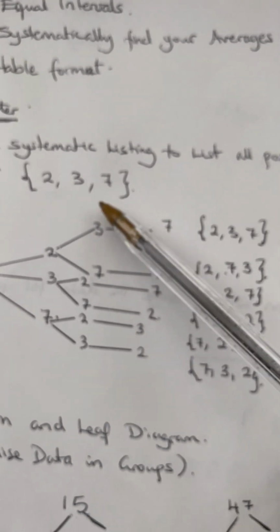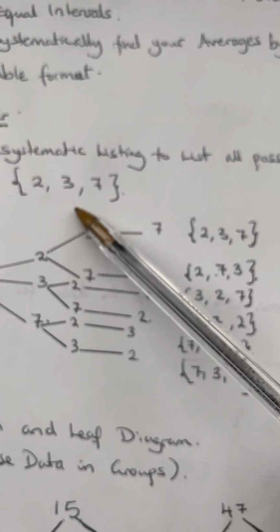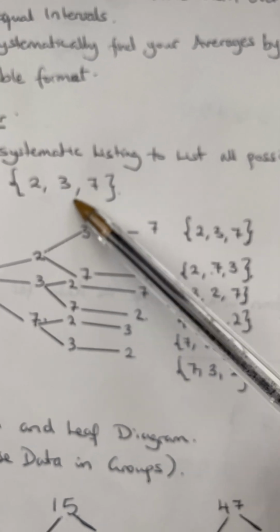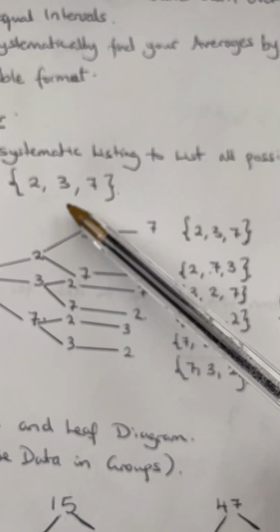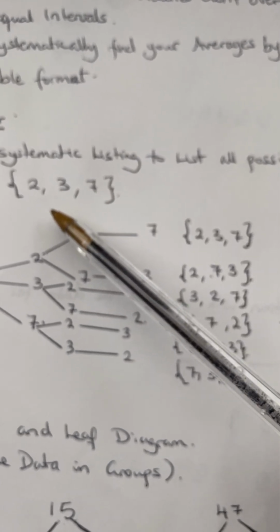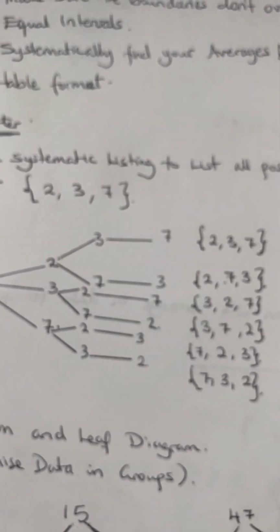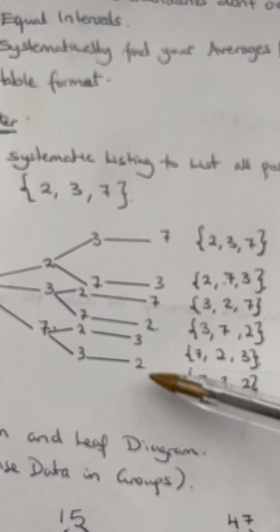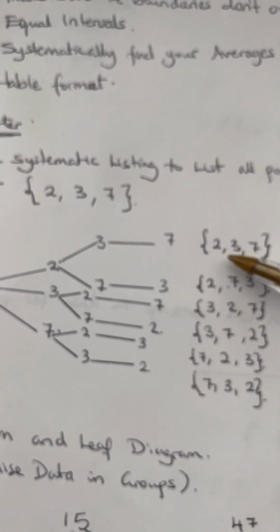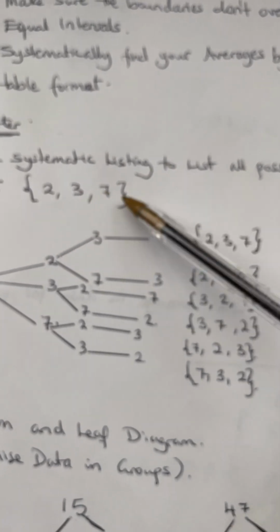Now they might ask you to find the outcome of only a set having 2 and 3, or maybe a total of that. So you can use that, or having odd numbers. The odd numbers here are 3 and 7.